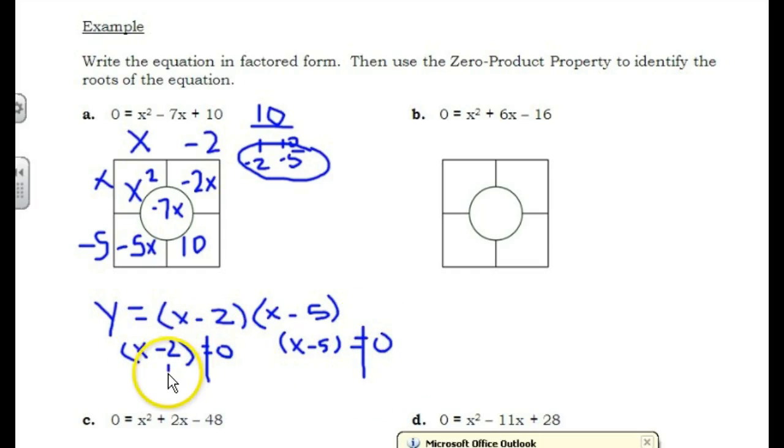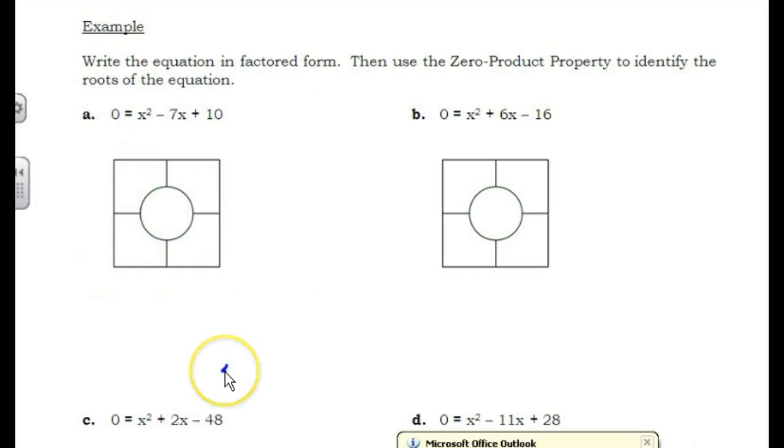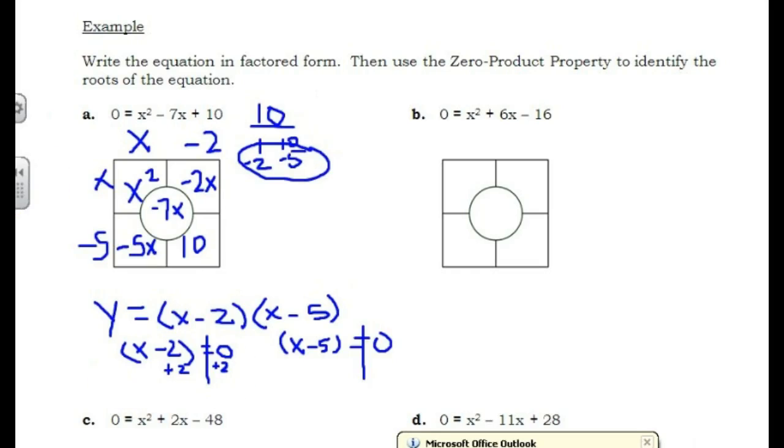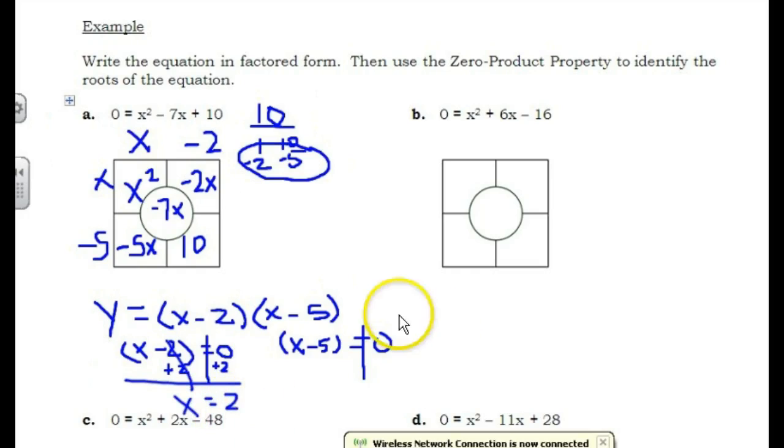If x minus 2 equals 0, I add 2 to both sides, and I have x equals 2. On this side, if I have x minus 5, I'm going to add 5 to both sides, and then x equals 5. Next example.